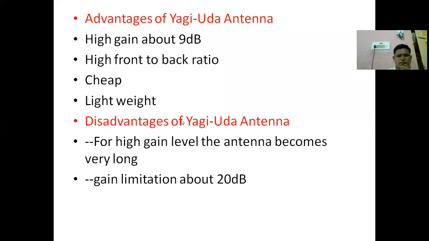If you want to design this antenna for high gain, we can extend the gain up to 20 dB also. But if you go for a 20 dB gain Yagi-Uda antenna, the lengths of the reflector element, the driving element, and the director elements will become very long. That is the main disadvantage.